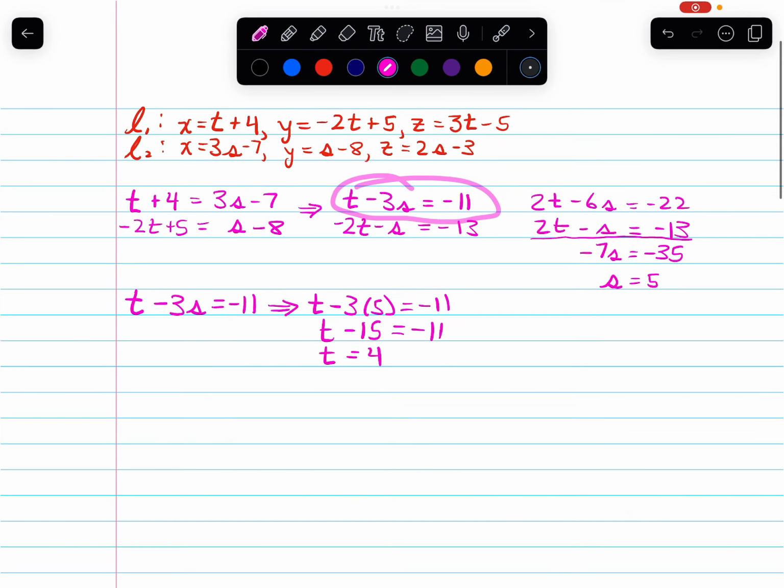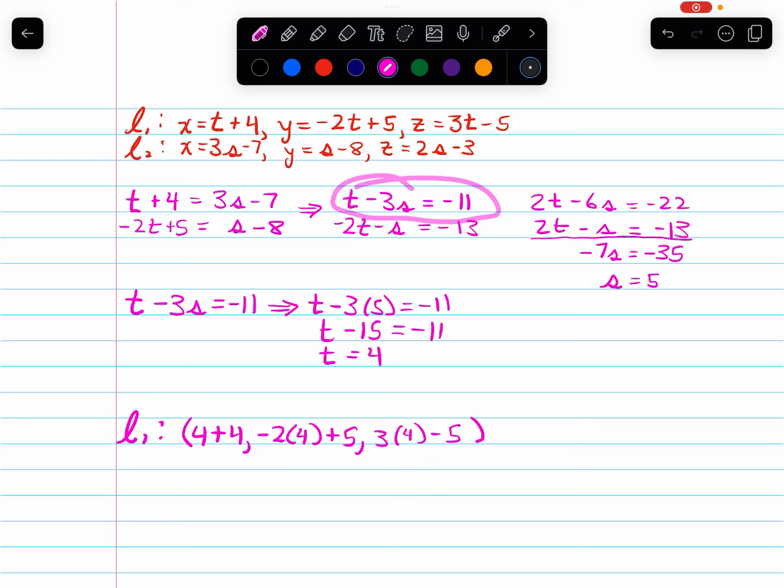So let's check that out and see. Here goes L1. For the X, I have T plus 4, so that's going to be 4 plus 4. For the Y, I have negative 2 times 4 plus 5. And for the Z, I have 3 times 4 minus 5.